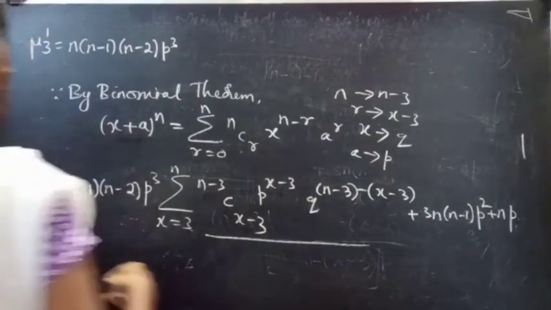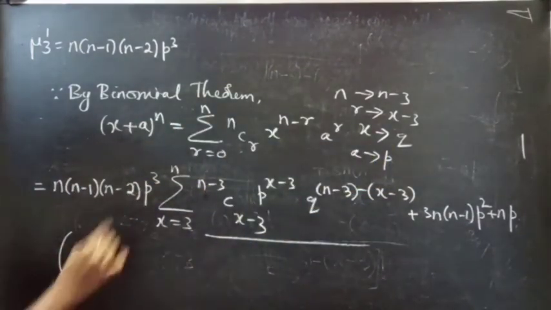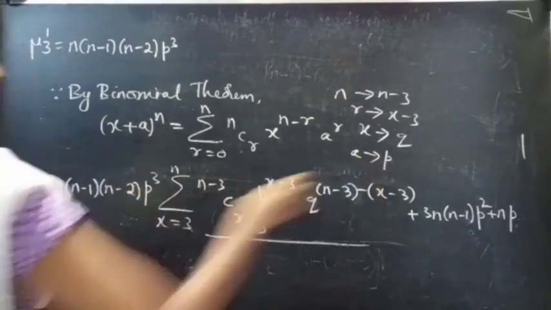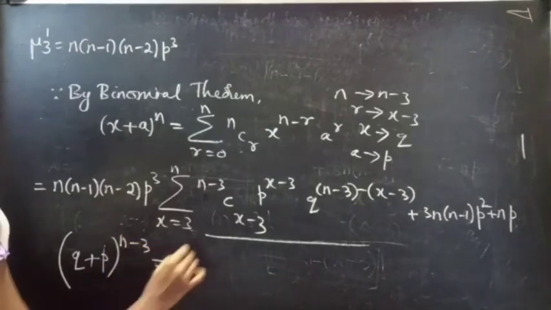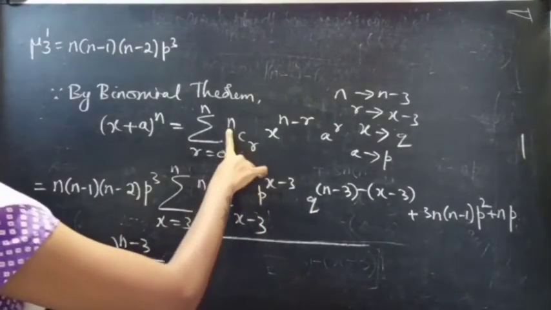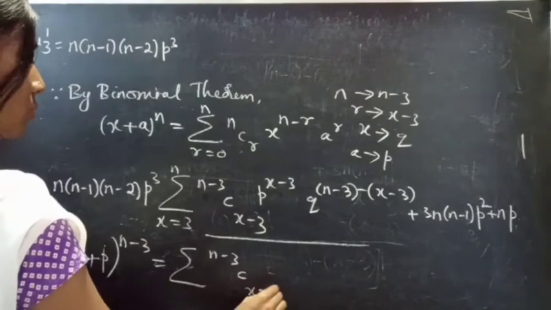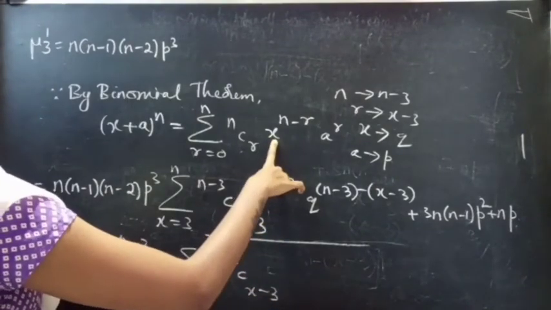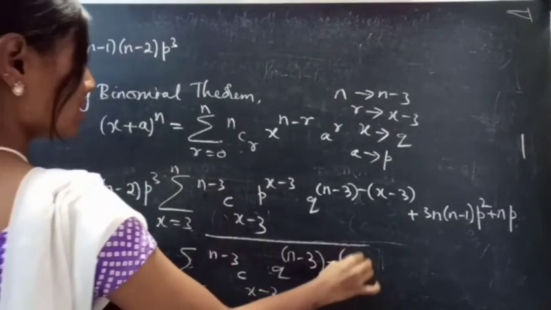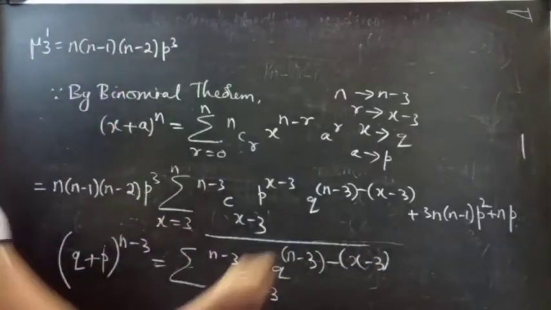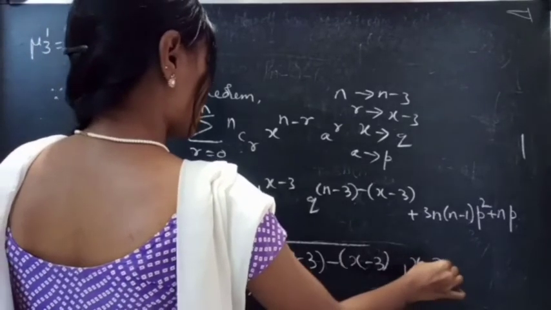So you could write it as x, that is q, plus a, that is p, power n minus 3 equals to summation n minus 3 c r, that is x minus 3, x, that is q power n minus r into a, that is p power r, that is x minus 3.